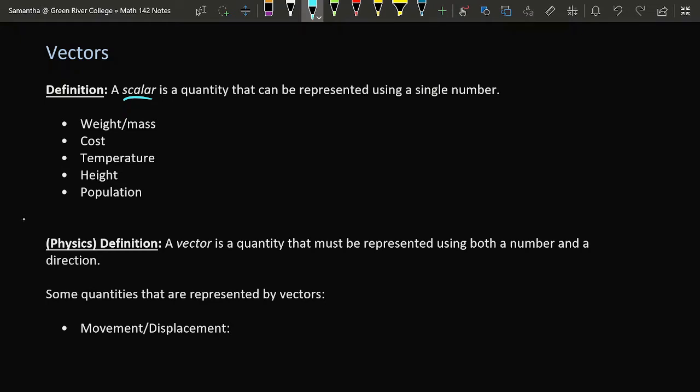The weight or the mass of an object is communicated by a single number, 20 kilograms, 100 pounds, for example. The cost of an object is represented by a single number, $5, 1,000 euros, that kind of thing. Temperature, height, population, these are all quantities expressed by a single number.